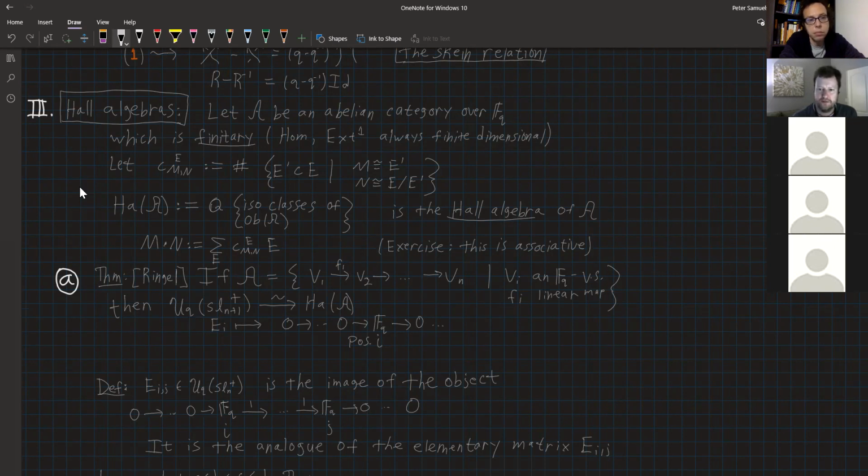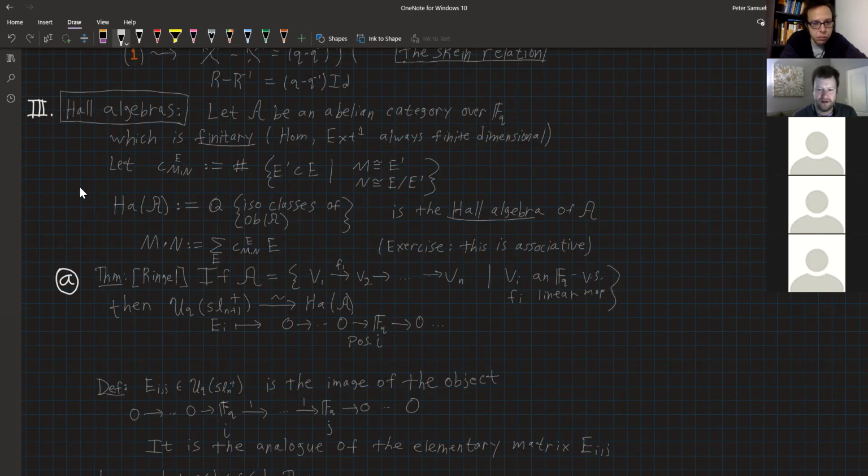For the definition of the Hall algebra, you take linear combinations of isomorphism classes of objects, so that you make a vector space where the objects are a basis. The product in this vector space is given by these numbers.